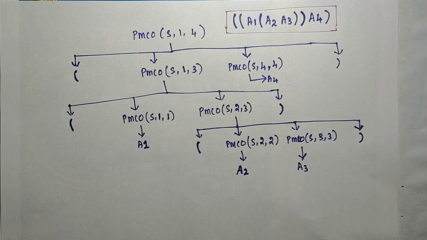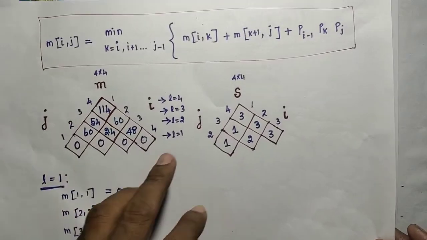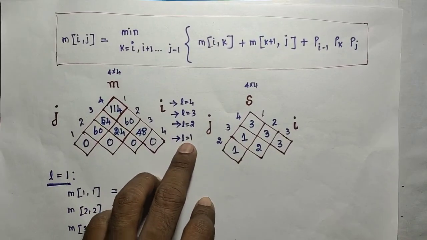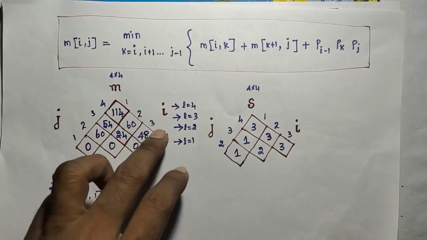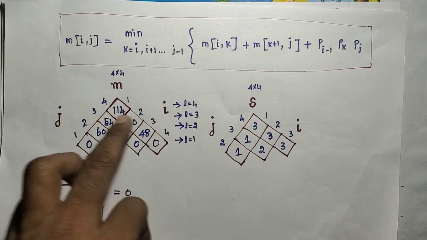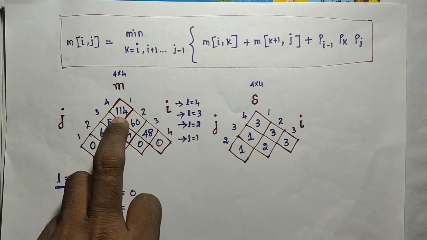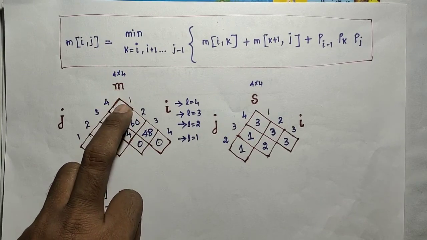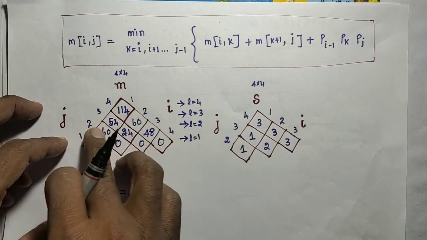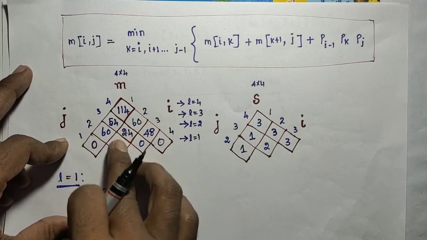So try to understand this dynamic programming approach for the MCO, matrix chain ordering. Again we started with the smaller size problems and recorded them. This is the main point. And finally, for finding L equal to 4, that is our main objective, we utilized the existing subproblem solutions.